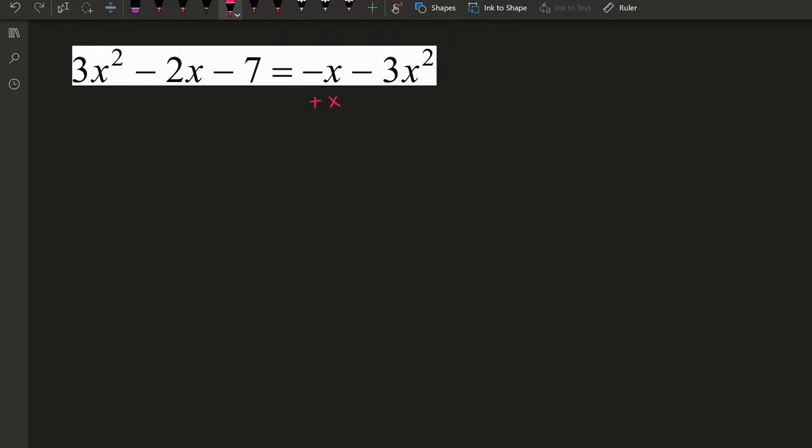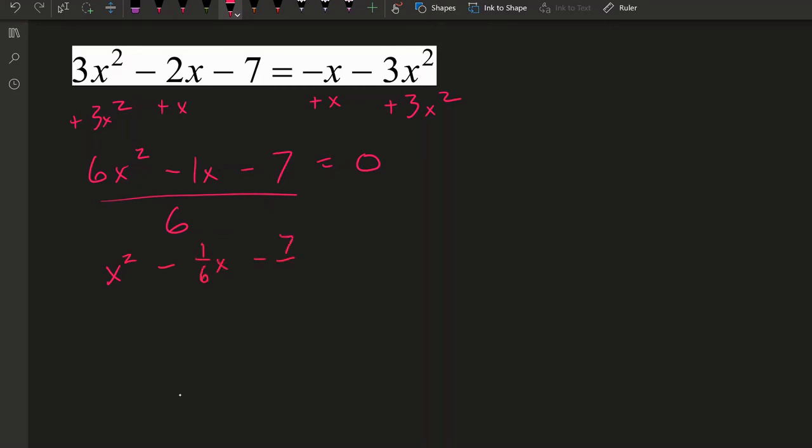I'm going to add x to both sides, and I'm going to add 3x squared to both sides. 6x squared minus 1x minus 7 is equal to 0. Now I'm going to divide everything by 6, and I'm going to get x squared minus 1/6 x minus 7/6 equals 0.